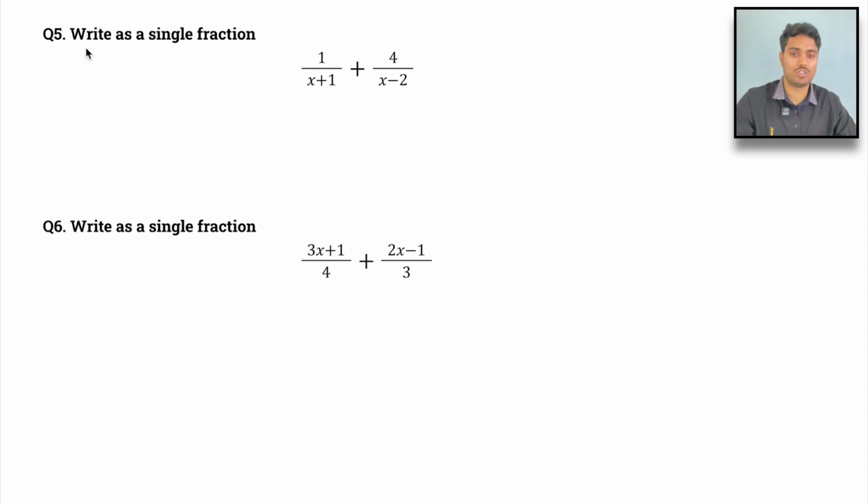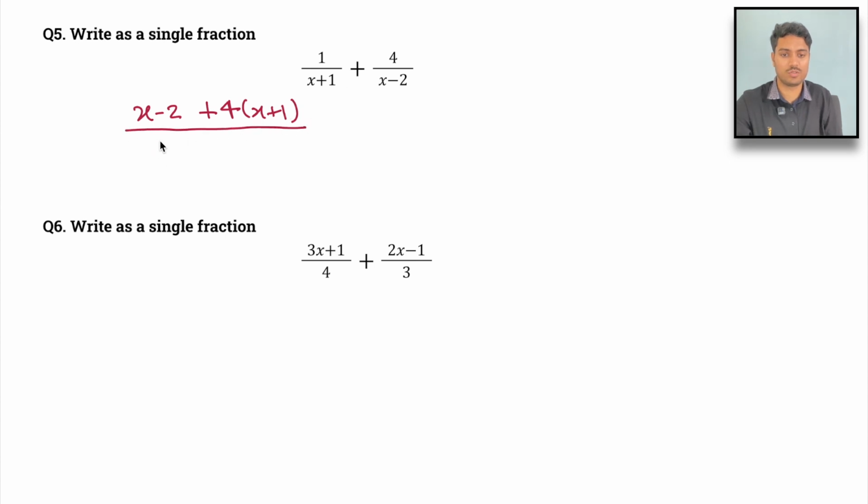We'll move ahead. Question number 5 says 1 upon x plus 1 plus 4 upon x minus 2. So multiply the numerator with x minus 2 plus 4 times x plus 1, divided by x plus 1 into x minus 2.